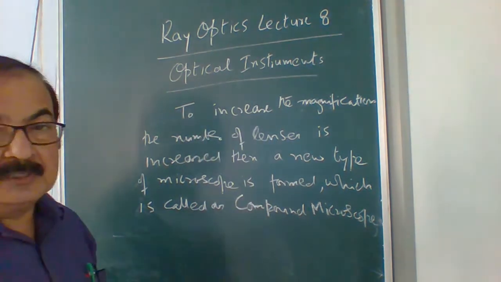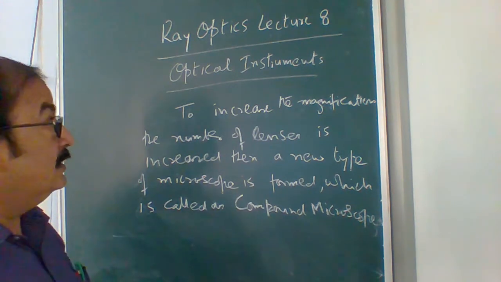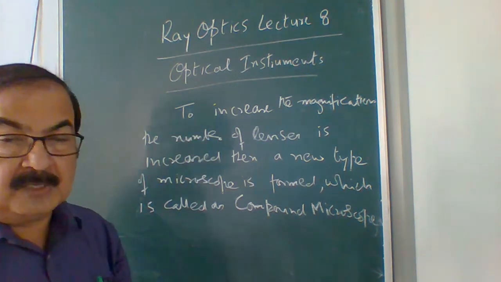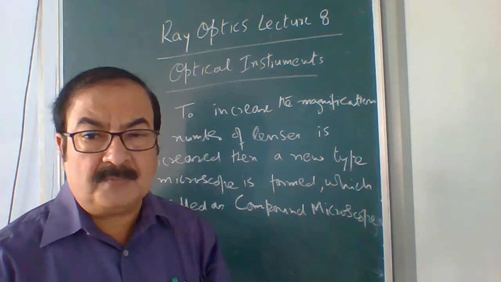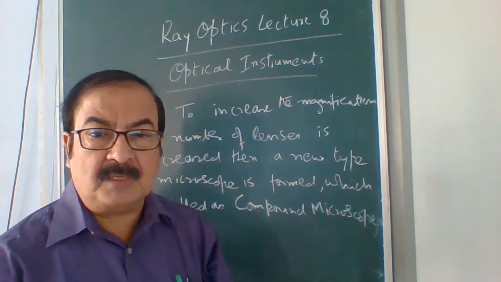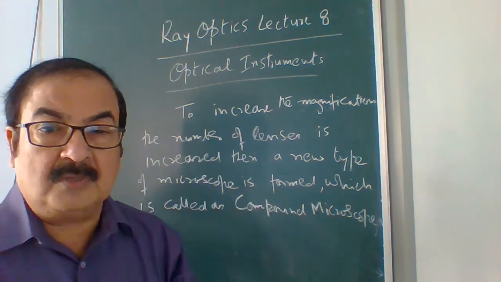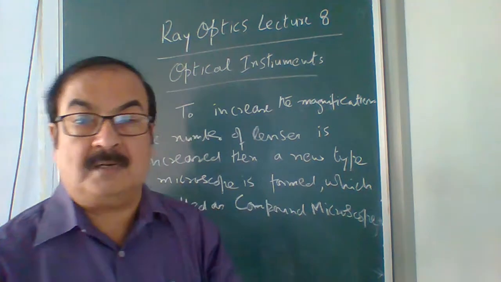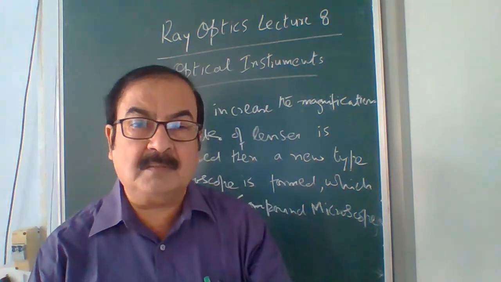ठीक है. So this is the next phase of the topic. We have already discussed what a simple microscope is. We have also discussed how we calculate the magnifying power or magnification of a simple microscope. Now let us see the structure of the compound microscope, where the structure comes in the exam. कैलकुलेशन जनरल नहीं आता है, लेकिन कैलकुलेशन हम बता देंगे जब हम टेलीस्कोप बताएंगे.